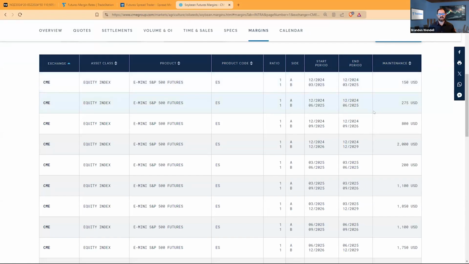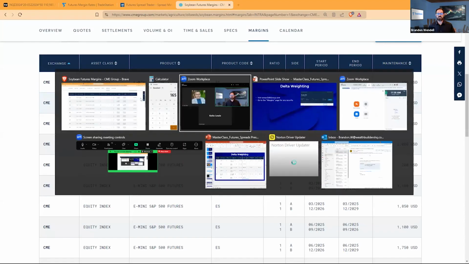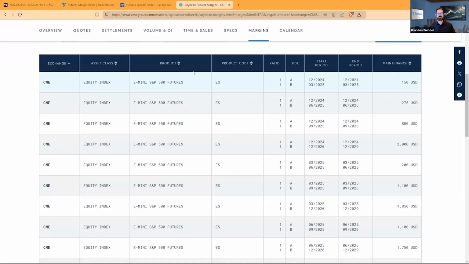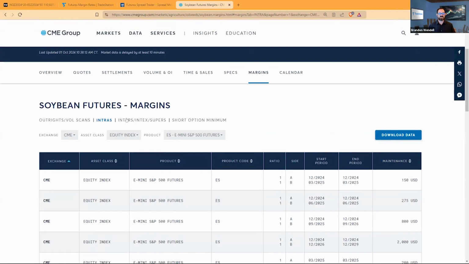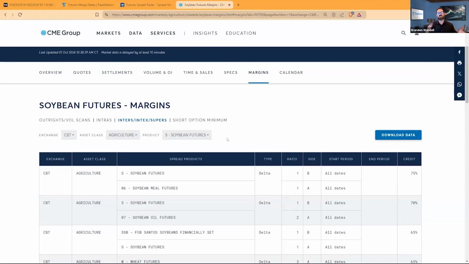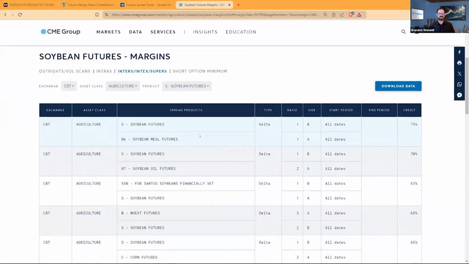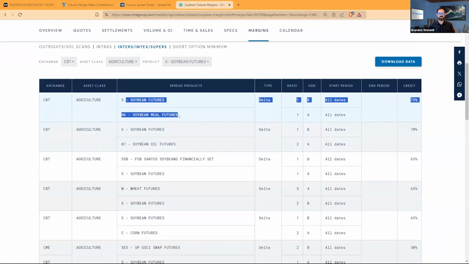Margin has a relationship with risk. The higher the margins, the more risk there typically is in that security. So going back, I want to stay on that page one more time. The next one you'll see is intermarket. So the intras are, again, the same security against itself. Intermarket are related securities. I mentioned this one before, soybeans versus soy meal.